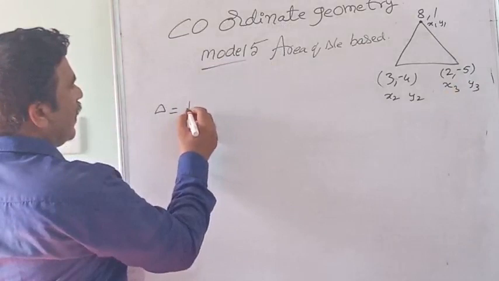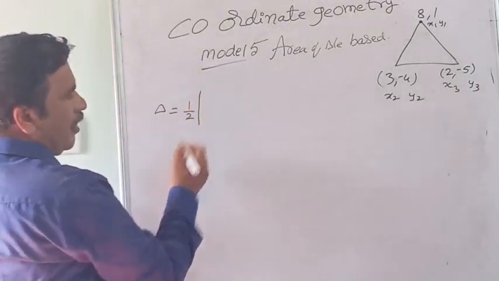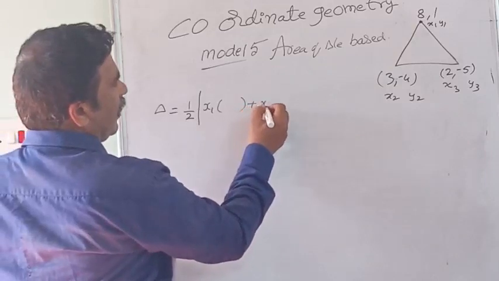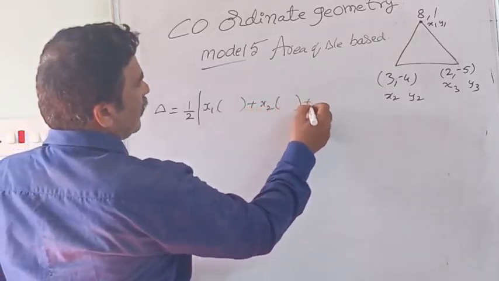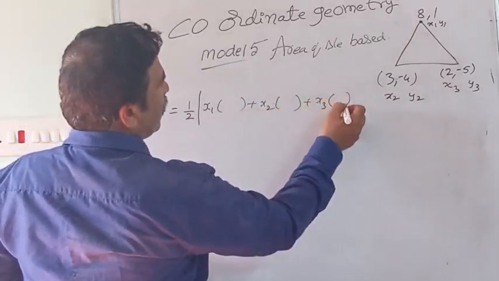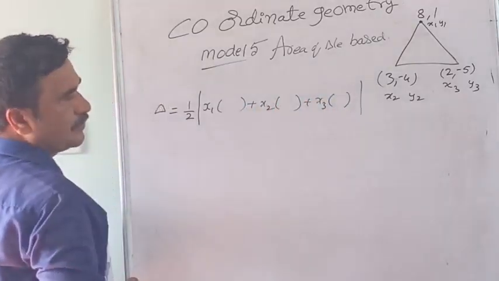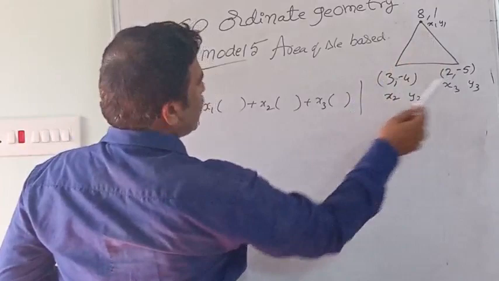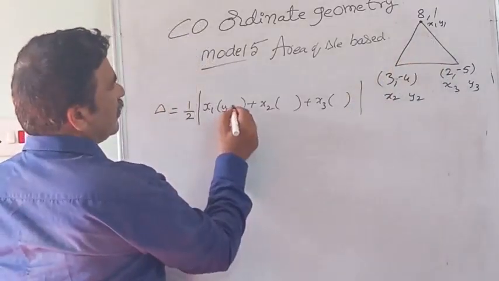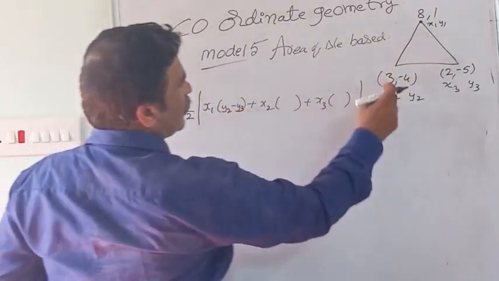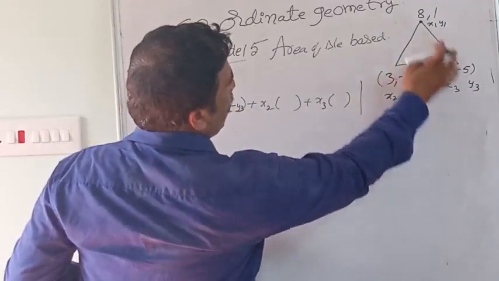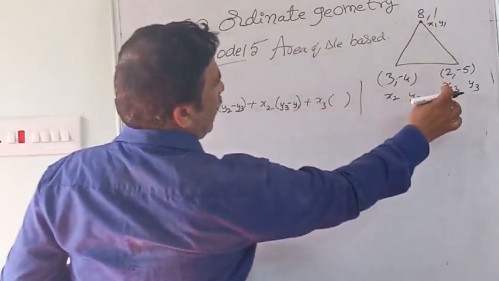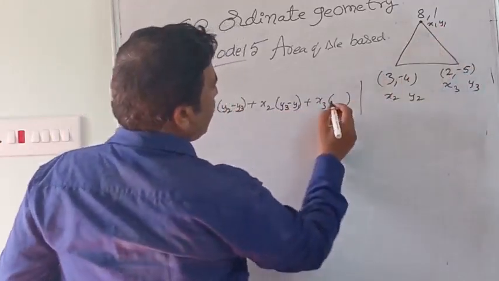We can find the area formula: half, box, x1 into something, x2 into something, x3 into something, close the determinant. See, while taking x1, it will be y2 minus y3 in this bracket. For x2, y3 minus y1. For x3, y1 minus y2.